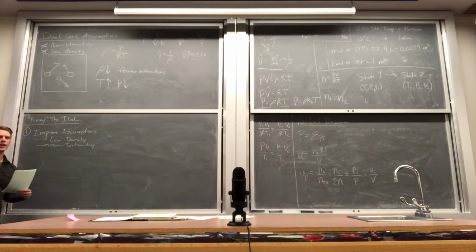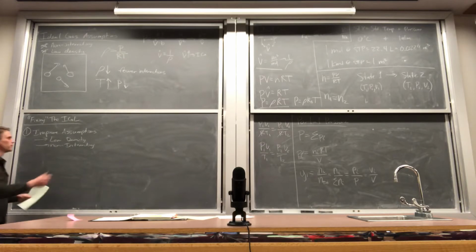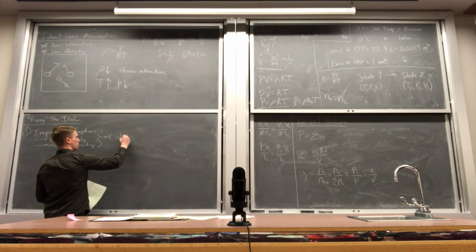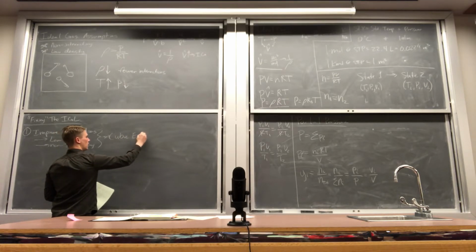Right, so can we develop an equation that doesn't rely on these assumptions? Right, can we somehow account for the interactions? And can we somehow consider the volume of the actual molecules? That's what this assumption here implies, that you don't have to consider the volume occupied by the individual molecules. And so for this approach, we get to what they call a cubic equation of state, EOS, equation of state.